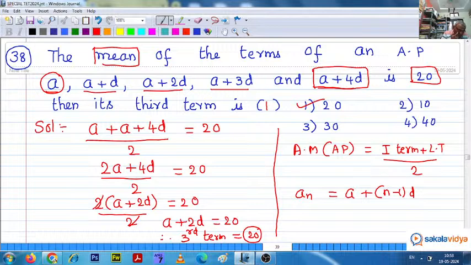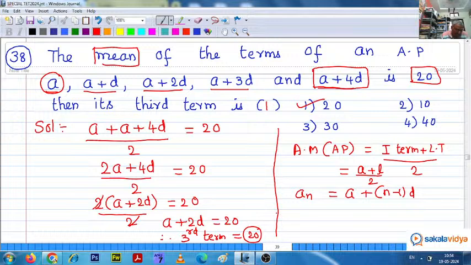Here is a super shortcut you need to remember. The arithmetic mean of an arithmetic progression is first term plus last term by 2, or (a plus l) by 2 also we can write. This is the first term plus last term by 2 if it is an arithmetic progression and the given observations are in AP. Okay, you might have known these shortcuts also.